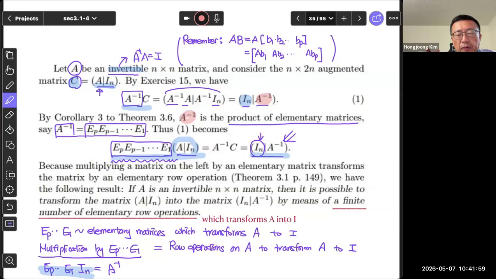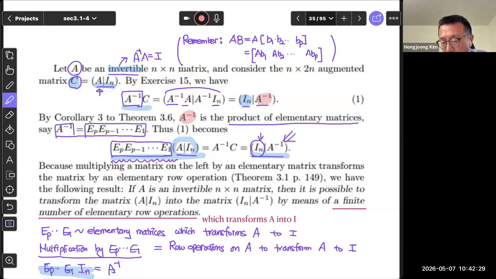Given A, you need to find elementary row operations which transform A to the identity matrix. We can identify those. Now, if you perform the same elementary row operations on the identity matrix, your identity matrix will become the inverse of A matrix.